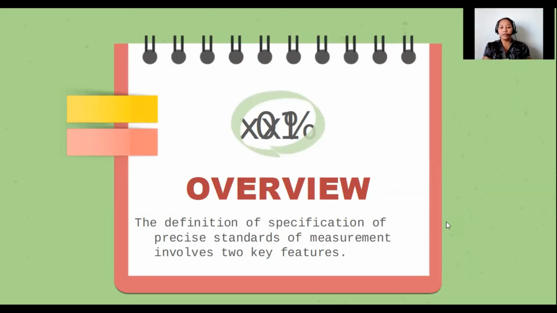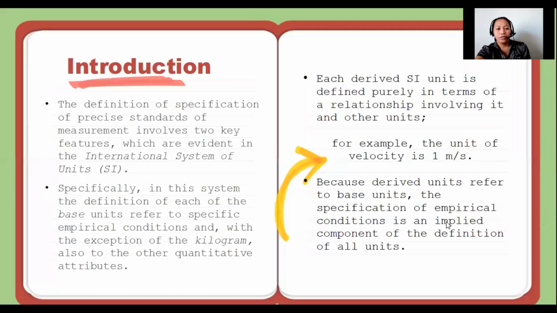The definition of a specification of precise standards of measurement involves two key features, which are evident in the International System of Units, or the SI units. Specifically, in the system, the definition of each of the base units refers to specific empirical conditions, with the exception of the kilogram, and also to other quantitative attributes.